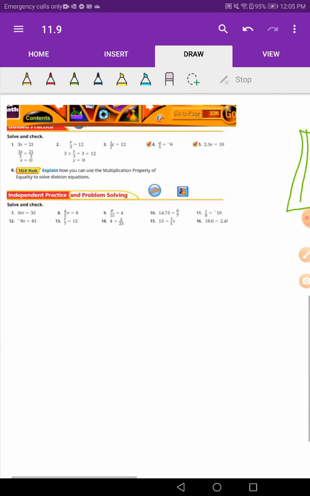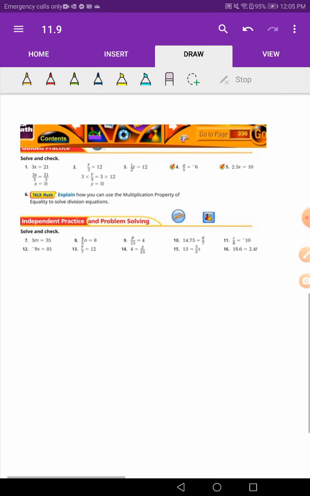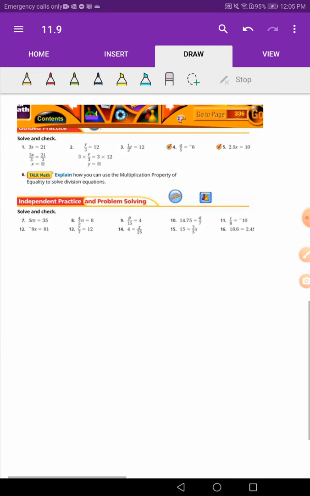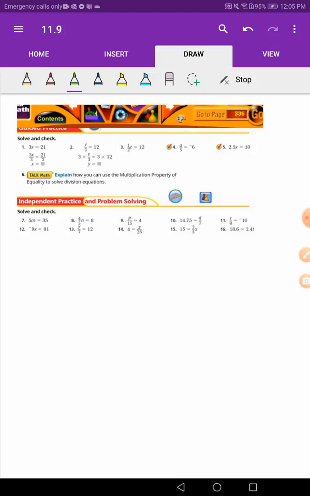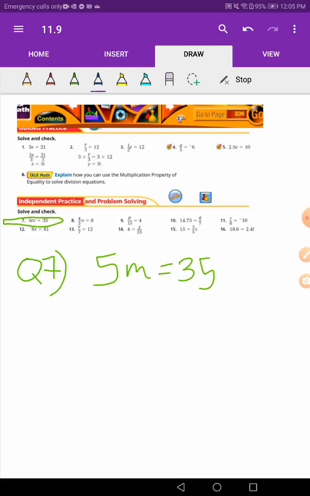Let's take a look at the examples in the book. It's on page 336. Okay, I'll start by solving question number 7. 5m equals 35. Again, it means 5 times m.